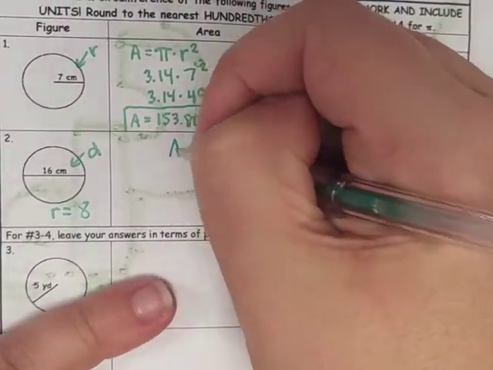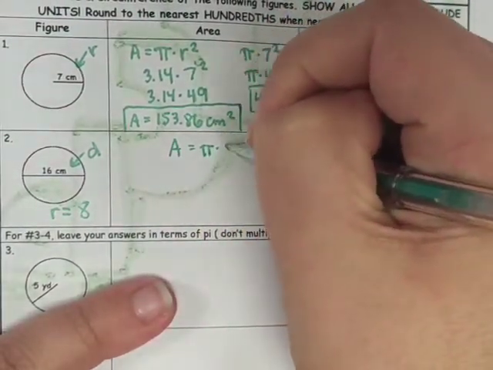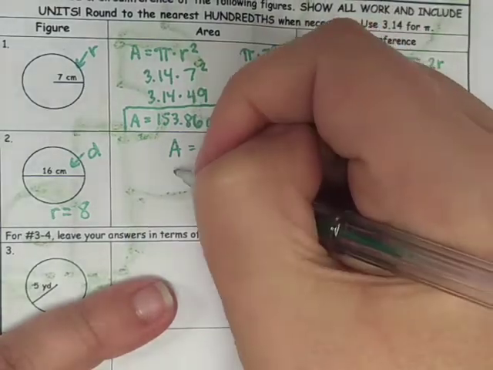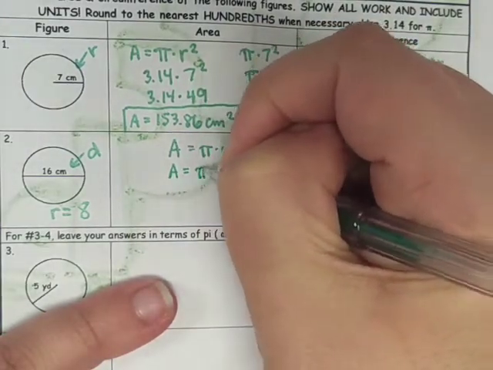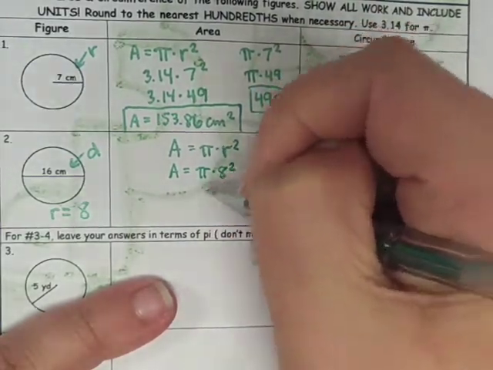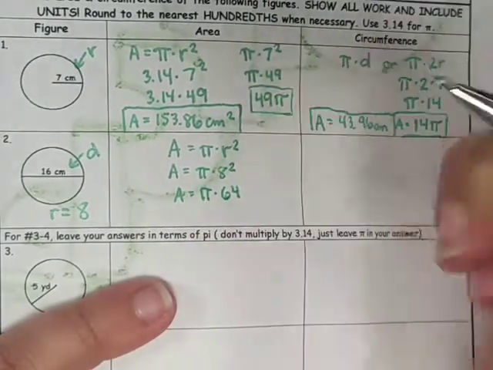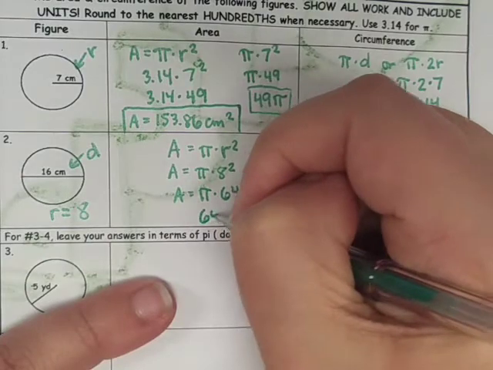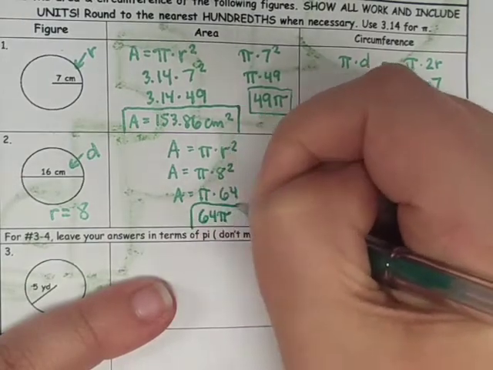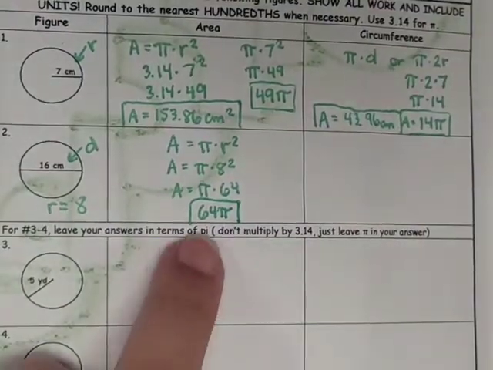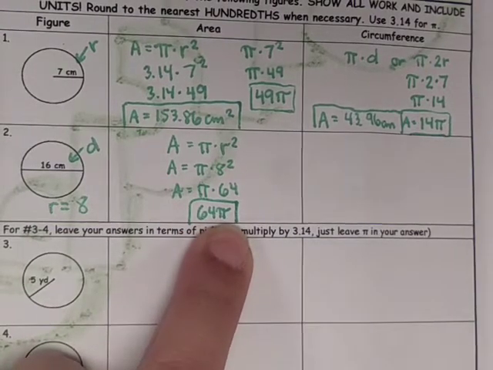So area is pi times radius squared. So area equals pi times 8 squared, which means that it's pi times 64. So if I want to leave in terms of pi, it's 64 pi. But if they don't want me to leave in terms of pi, then I'm going to do 64 times pi.